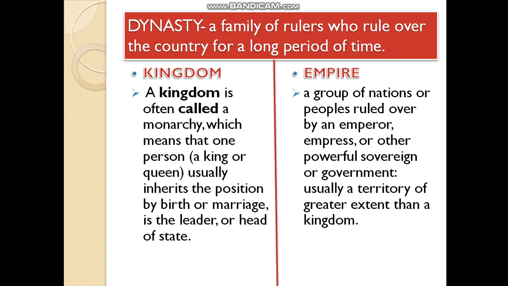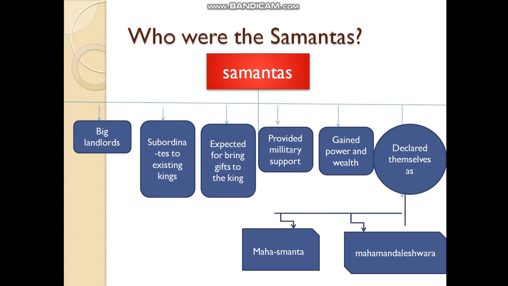Now, what is an empire? An empire is a group of nations which is either governed by a government or an emperor or empress, and it is to an extent greater than a kingdom because it is a group of nations. Now, you have understood the difference between an empire and a kingdom and a dynasty.